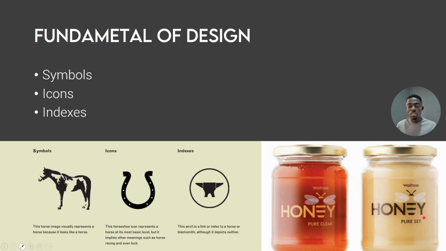Why? Because the container contains something related to honey and bees. That's the color yellow, which relates to the color of honey. So once you see it, you know that this is honey. Those are some of the things that you can employ when you are doing your design.